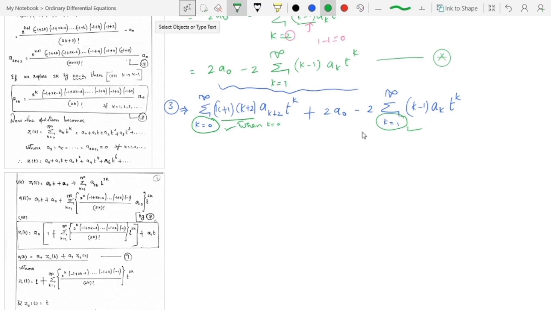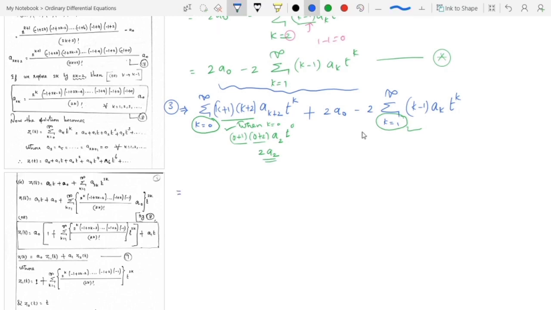When k equal to 0, (0 plus 1)(0 plus 2) a_(0 plus 2) t power 0. Anything power 0 is 1. That is 1 into 2, 2a2, anything power 0 is 1, that is 2a2.